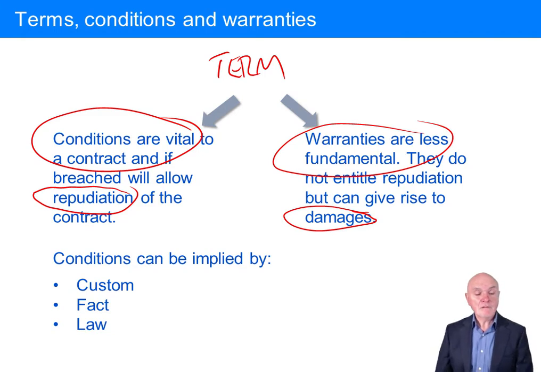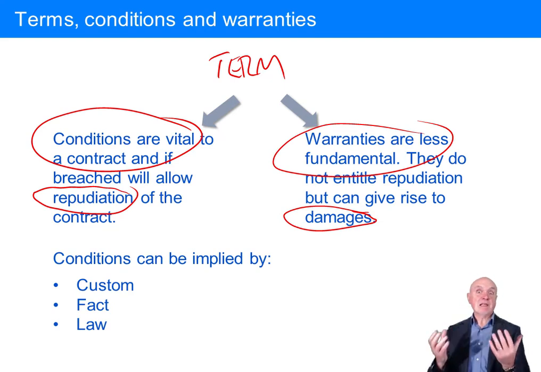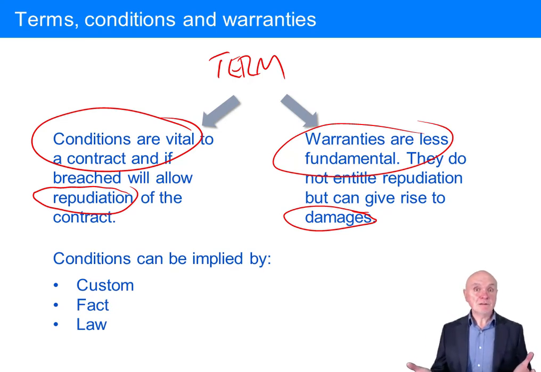You'll see in the notes that conditions can be implied, they don't have to be terms written into the contract, by custom, by fact, and by law. So if it is the custom, for example, in maybe selling a house, that you leave light fittings in place, but the contract says nothing about it, then if you didn't leave the light fittings in place and you left the new owners kind of in darkness, then they could pursue you for damages.